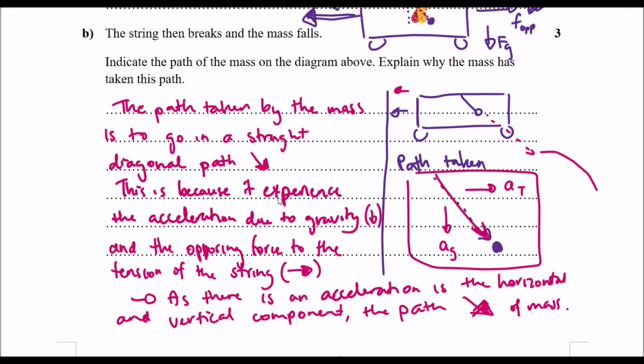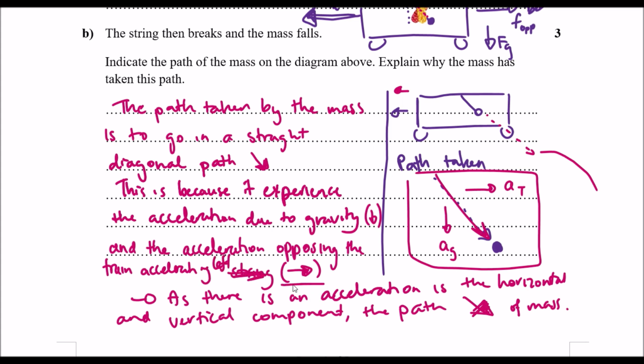So, the acceleration opposing the train accelerating left, and that forces our mass to go to the right.